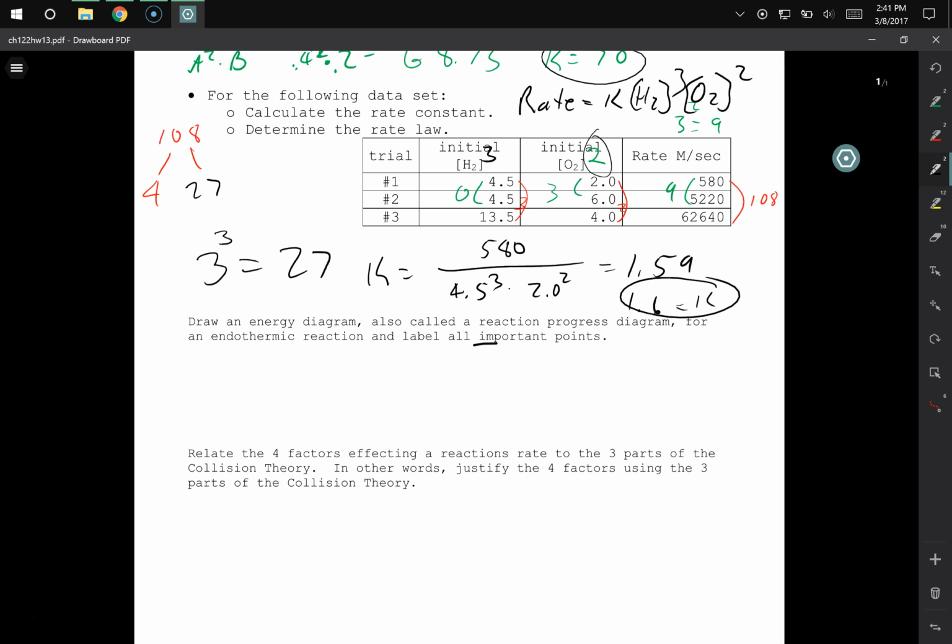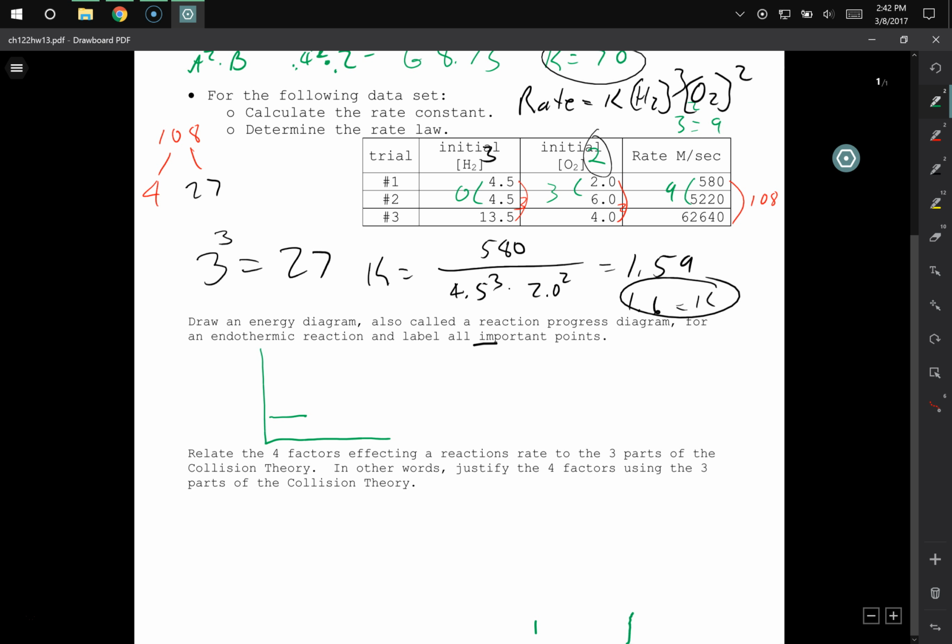What do you want to write here? Positive slope, at least for part of it. It goes up and to the right. So I have a curve. I have some reactants, and then what happens?